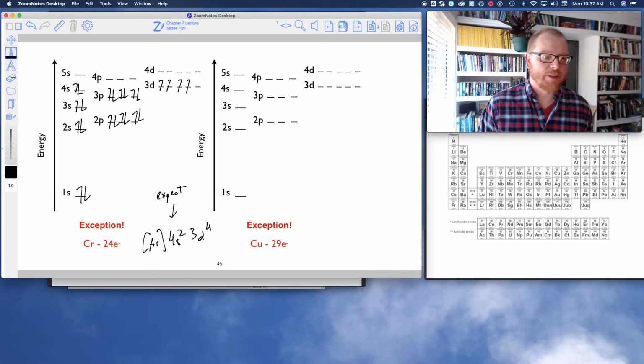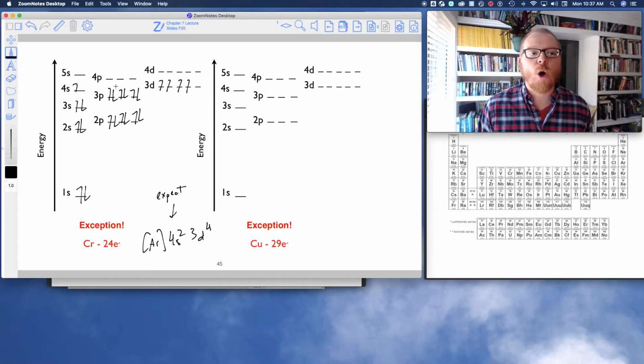So what happens? Well, because the 4s and the 3d are so close in energy, right? If you think about this graph here, this graph is physically accurate. So the 4s and the 3d levels are very, very close.